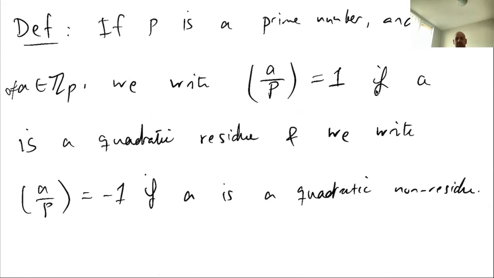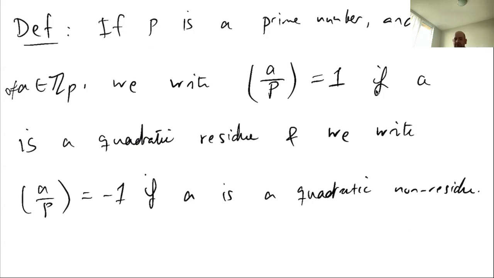So you may wonder, why do we say a over p? Well, a is a number in Zp and p is a prime. For example, if p is 5 and a is 3, then a over p could be 3 over 5. Why do we say 3 over 5 equals 1? Well, this is just a notation in number theory.